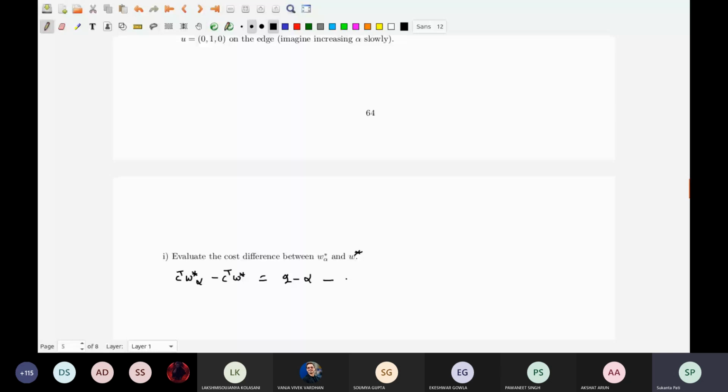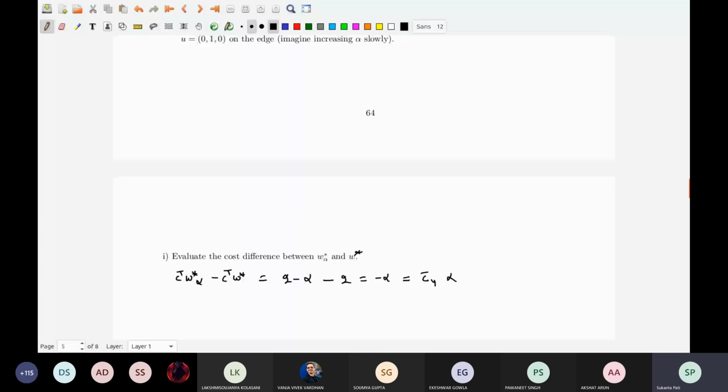W star was 1 1 0 and then 0 0 1. Okay, that was W star. So that is minus alpha. This is actually equal to C bar 4th unit multiplied by alpha.